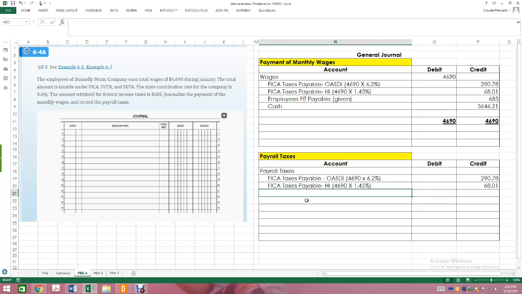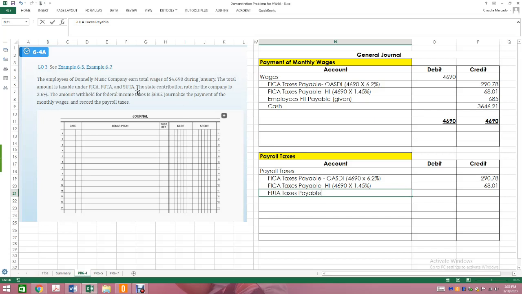Now, the employer is responsible to pay for federal unemployment taxes. So, my federal unemployment taxes payable. Let's see what it says. The total amount is taxable under FICA, FUTA, and SUTA.